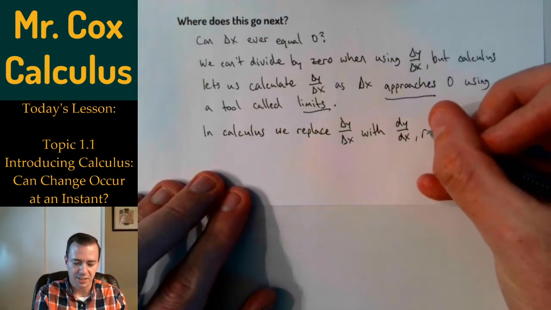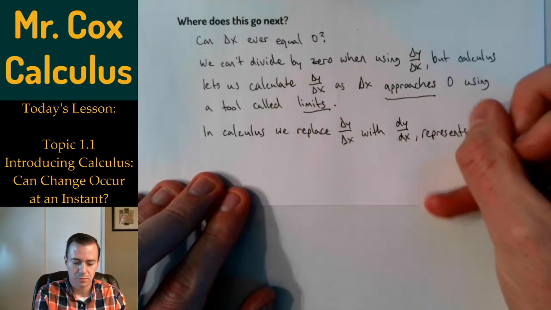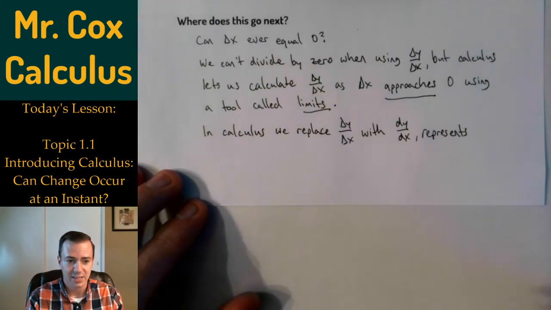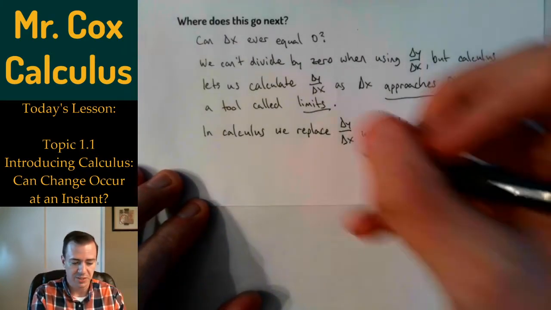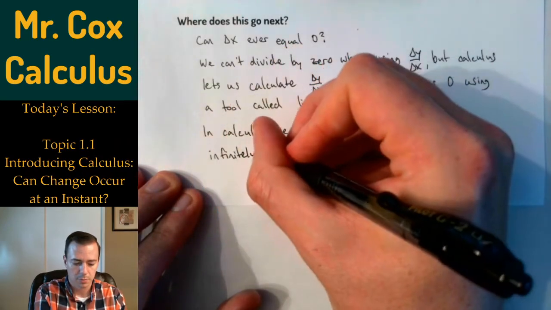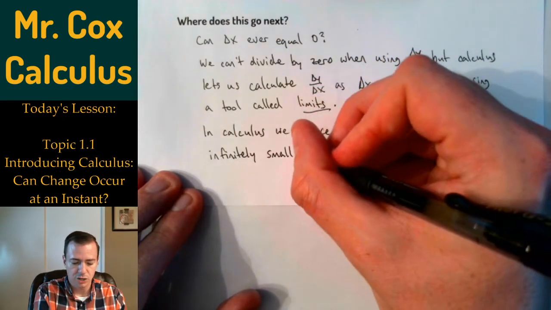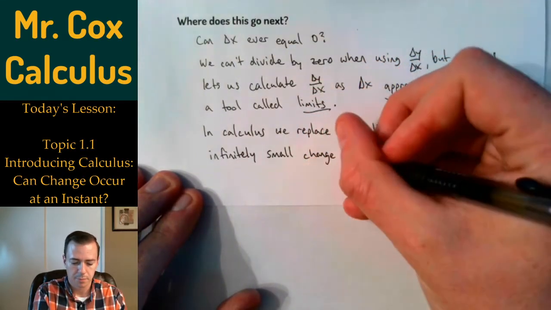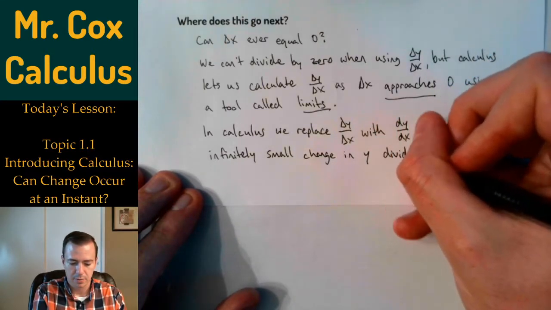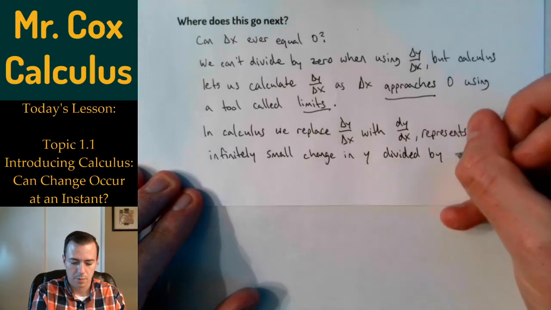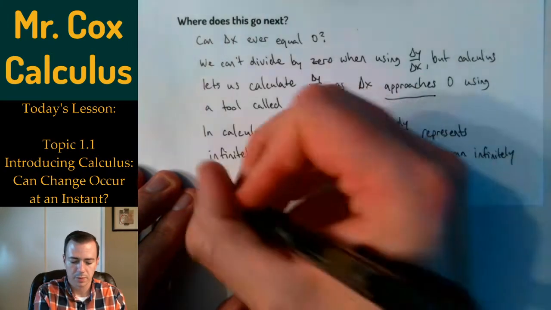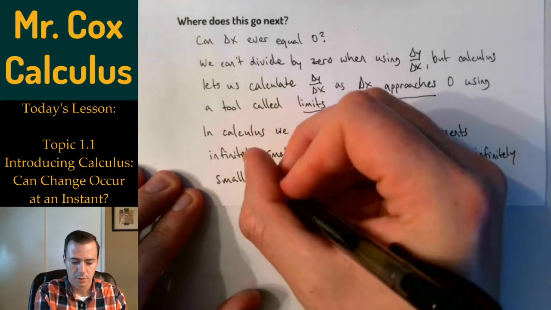And what it represents is exactly what we were finding the long way by hand in that earlier video. It represents an infinitely small change in y divided by an infinitely small change in x.